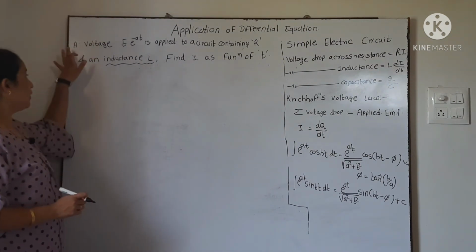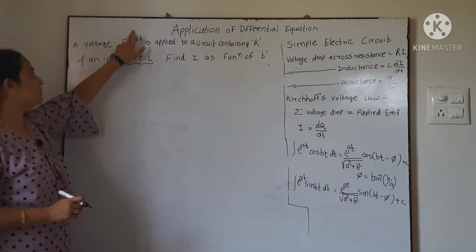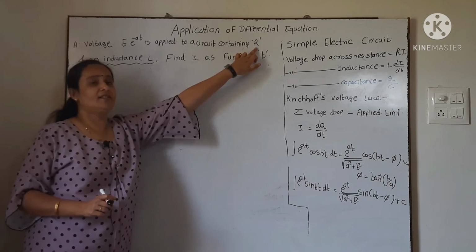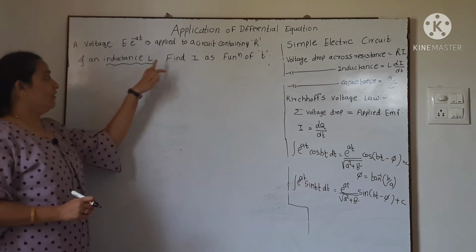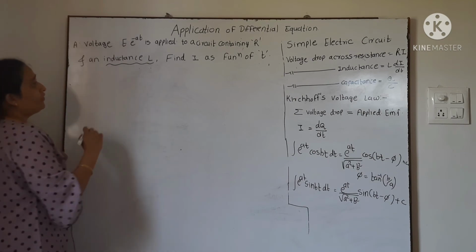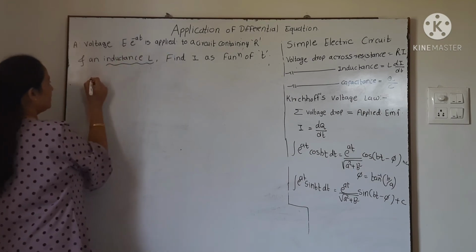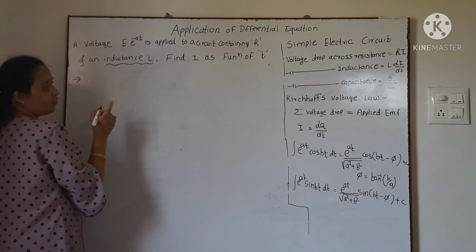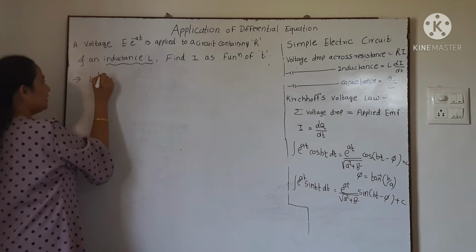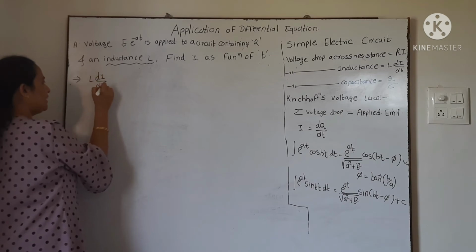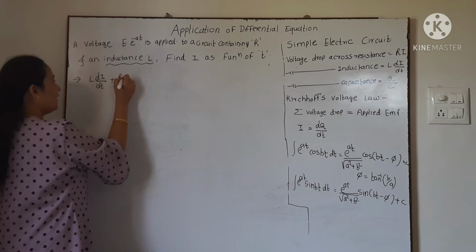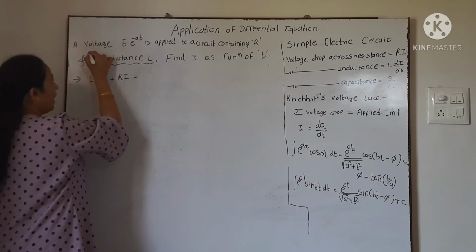Consider the example. A voltage capital E into e raised to minus AT is applied to a circuit containing resistance R and inductance L. We want to find the expression of current as a function of T. Again we have inductance and resistance. Therefore, by using Kirchhoff's voltage law, the voltage drop across inductance is L into di by dt, plus voltage drop across resistance is Ri, equal to applied EMF.